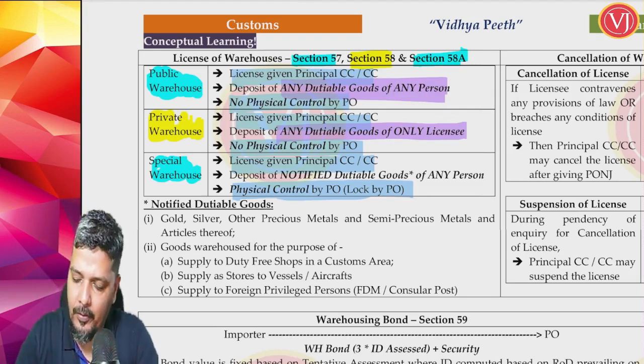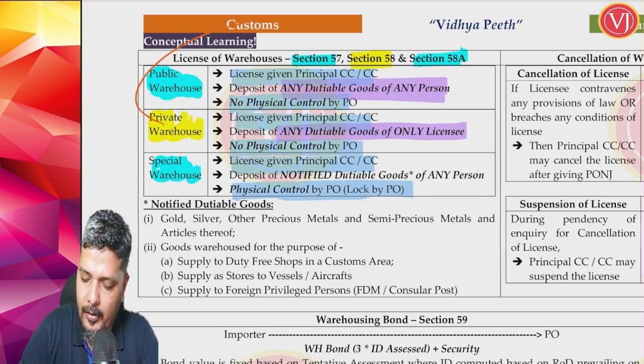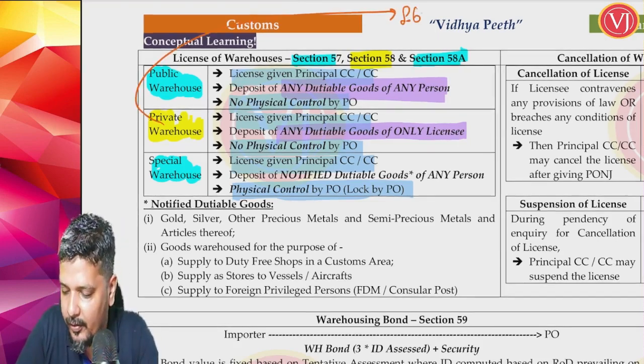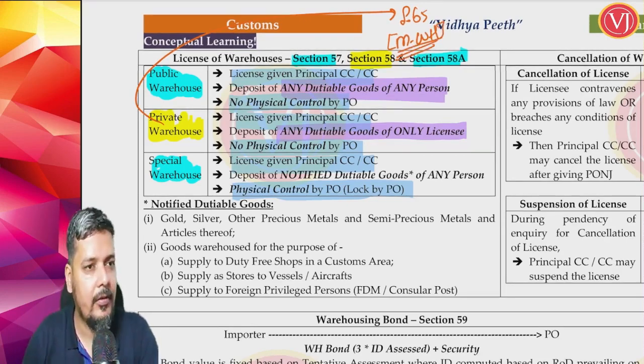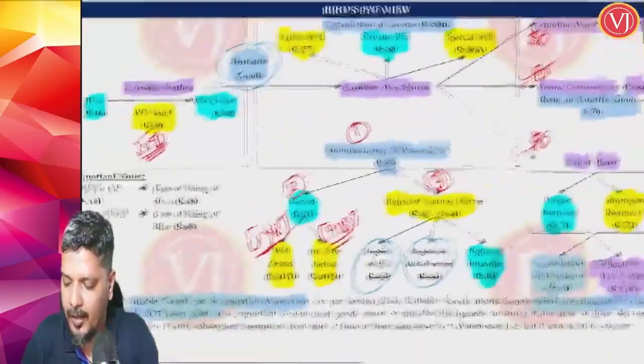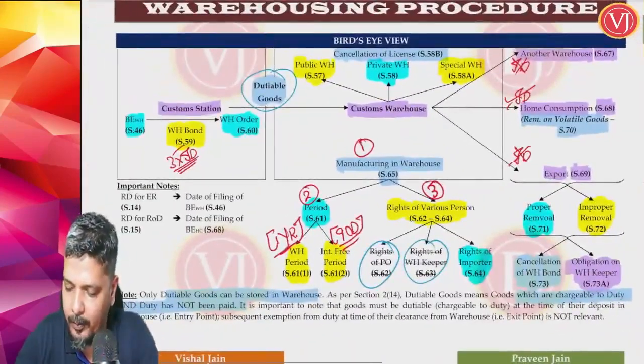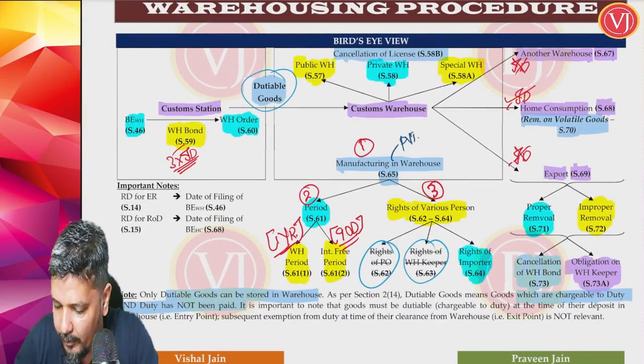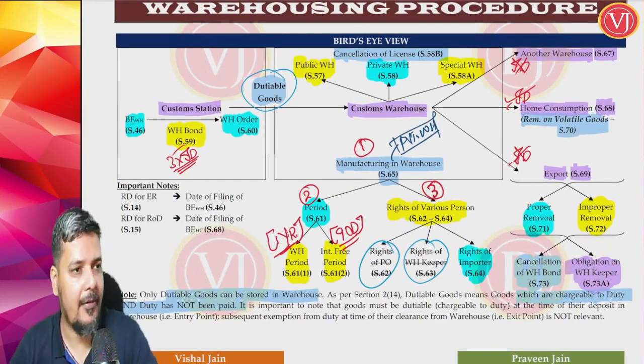Basically, a private warehouse is required when you want to opt for section 65, manufacturing within warehouse. So when you are talking about section 65, manufacturing in warehouse, this is possible only when you opt for a private warehouse.